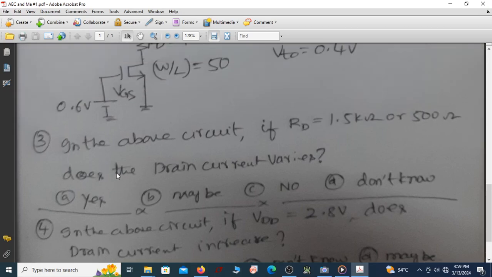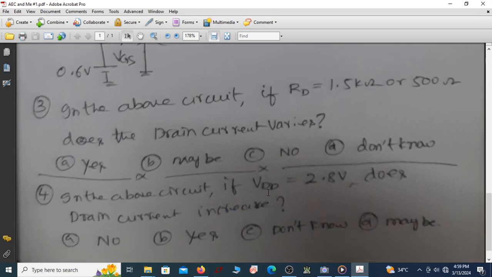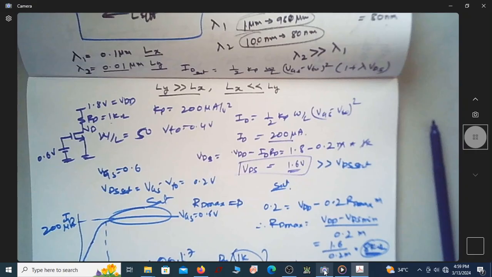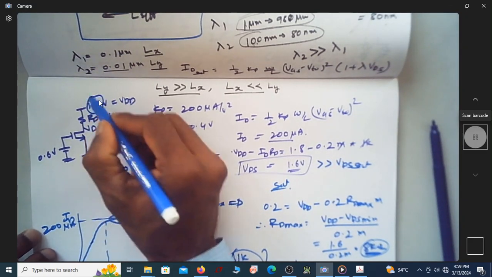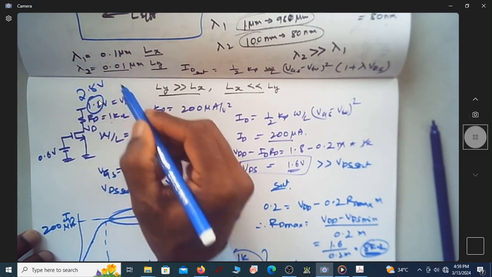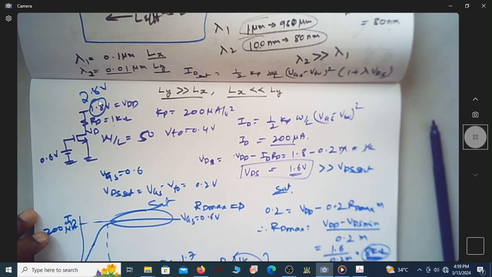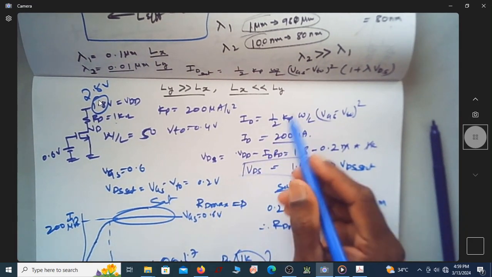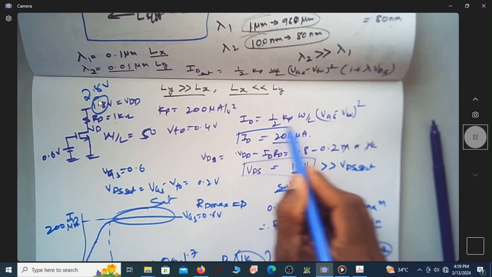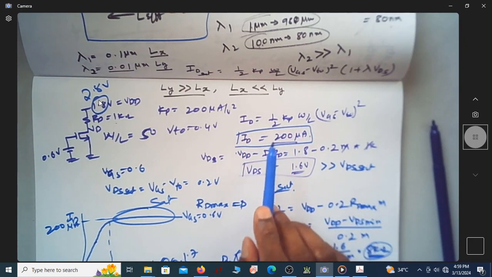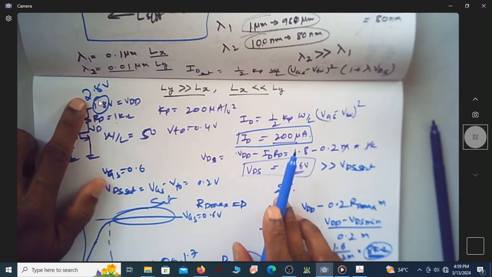In the same circuit, suppose the value of VDD has increased from 1.8 to 2.8 volts, does the drain current increase? Now instead of 1.8 volt, if I make this 2.8 volt, does the current increase? Now you can see this current, which is 200 microampere, is independent of this VDD.